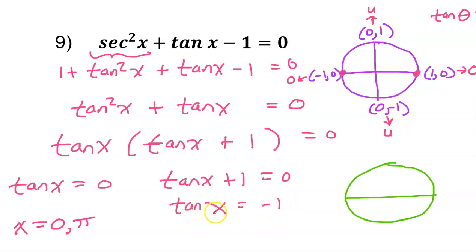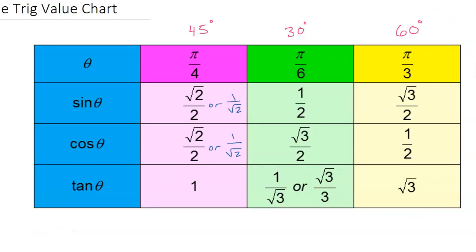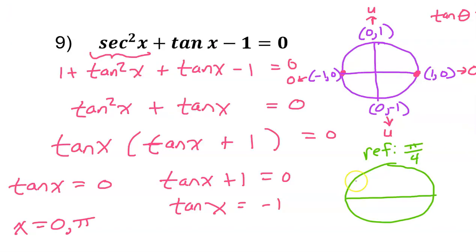Tangent of what angle is equal to 1? I'm ignoring the negative sign for a minute. Hopefully, you were just thinking to yourself that the reference angle is pi over 4. Think about the facts that we have memorized. The tangent of pi over 4 is equal to 1. So that's why the reference angle is pi over 4.